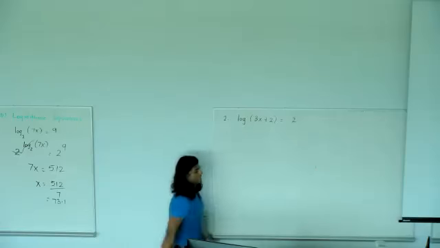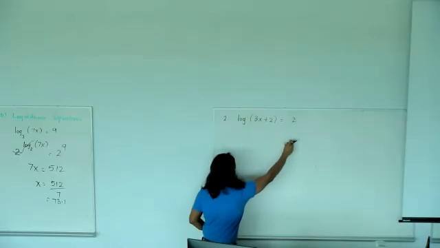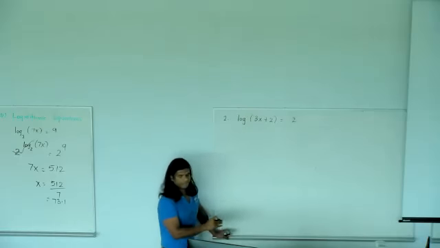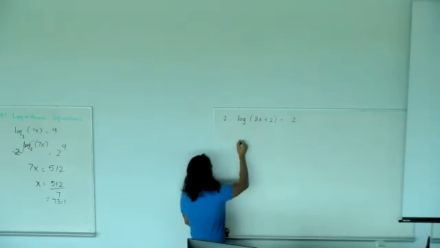So be careful. The answer here has to be 32.67 approximately. What base do we have on the left-hand side? 10. So we have to exponentiate on both sides using what power? 10.